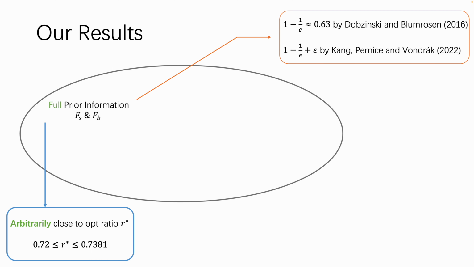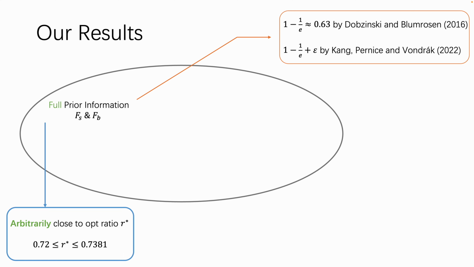What's more, our factor revealing program can be arbitrarily close to the optimal ratio as the size of the program grows. Then we choose two sets of specific parameters and solve the programs numerically, and show that the optimal approximation ratio, we call it R star, is at least 0.72 and is at most 0.7381.